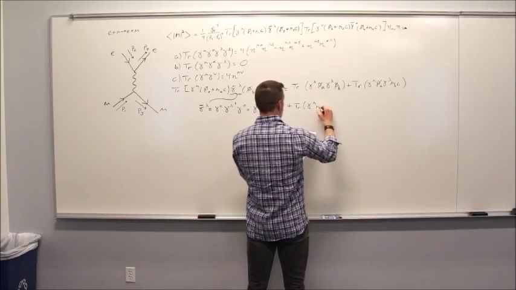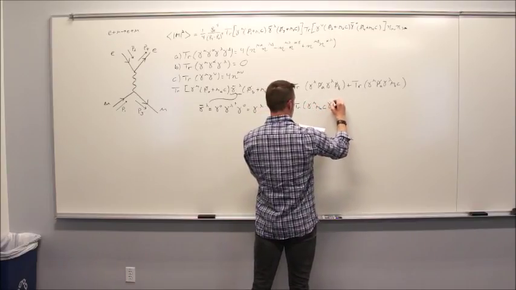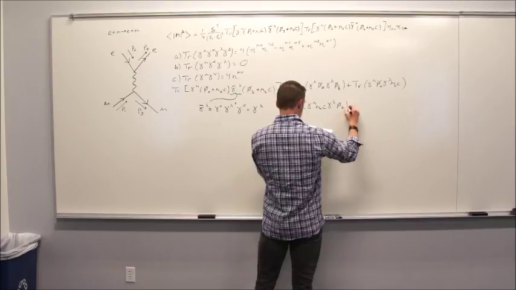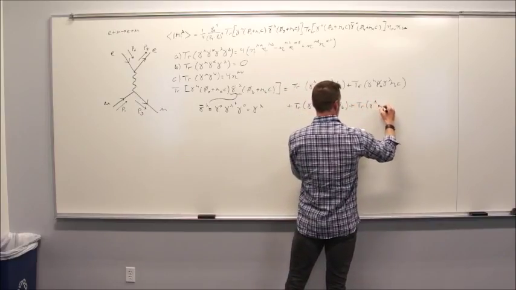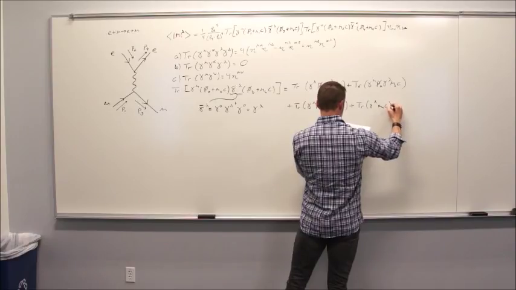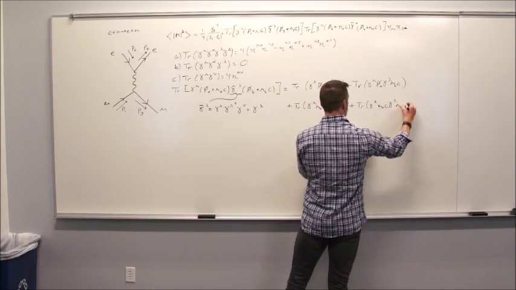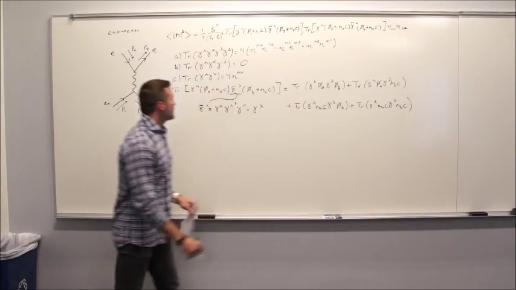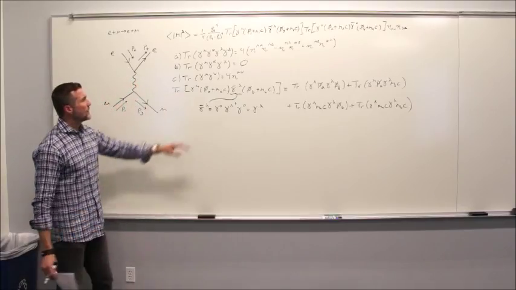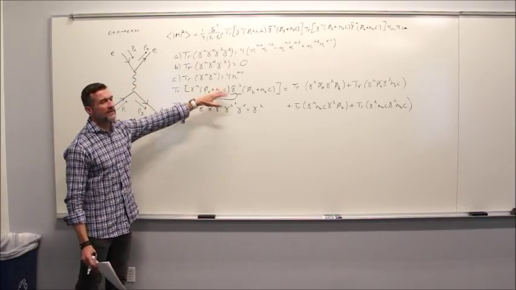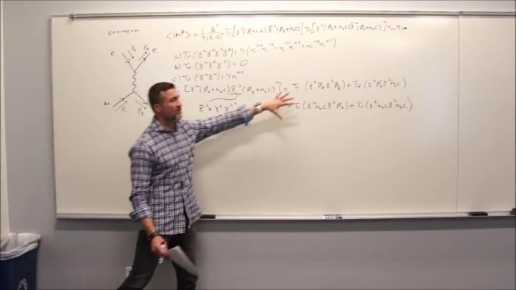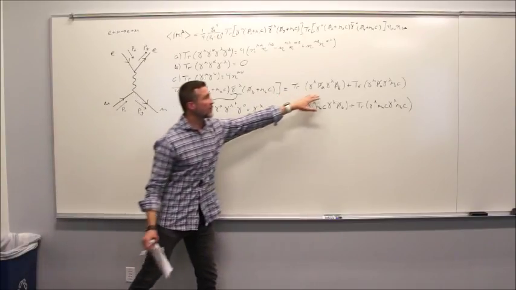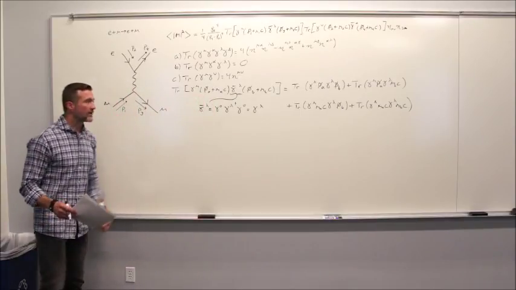Gamma mu, m, a, c, gamma lambda, p slash b, plus the trace, m, a, c, gamma lambda, m, b, c. So you squint your eyes just right, you can see where if you multiplied this out and distributed the trace, you would roughly get that. You could at least look at one of these terms and figure out where it's coming from if you don't want to write all the details down.